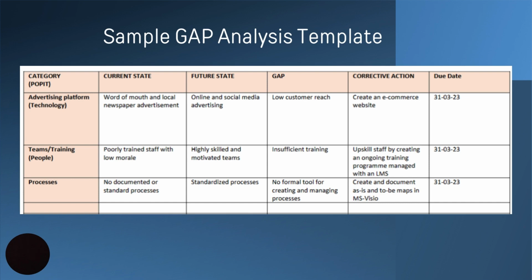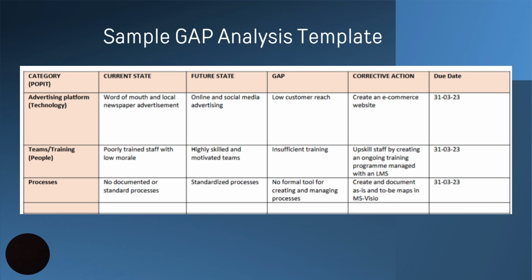So the current state is how do they go about doing their advertising at the moment? They use word of mouth, they use local newspaper, and then what is the future state? What is the desired state? The organization would like to go into online advertising, social media advertising. Now, what is the gap between their current state and their future state? What they've discovered is there's a low customer reach.